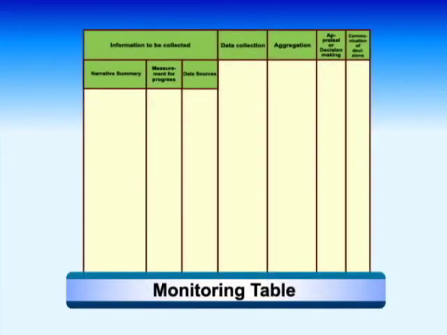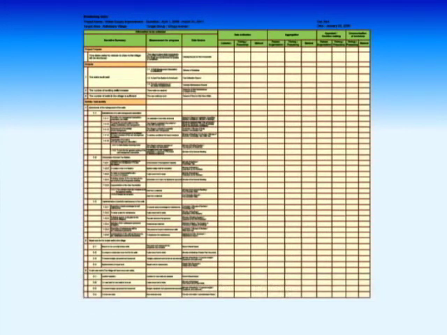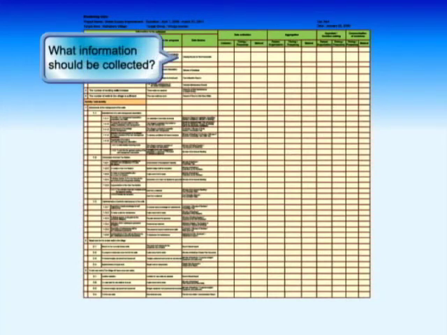A monitoring table should be formed to carry out the monitoring properly. A monitoring table is a table to make sure monitoring is carried out in an organized manner all through a series of the monitoring steps, which are 1.